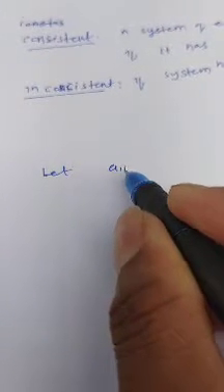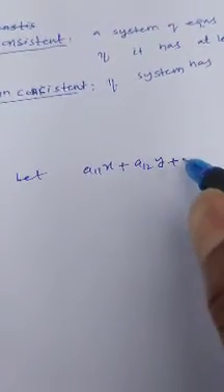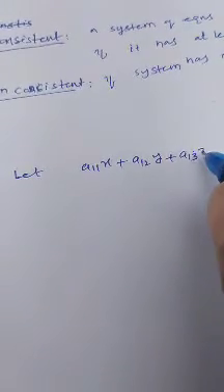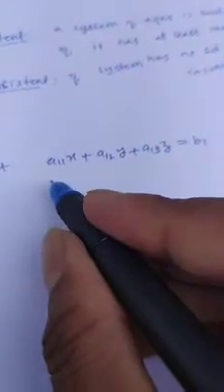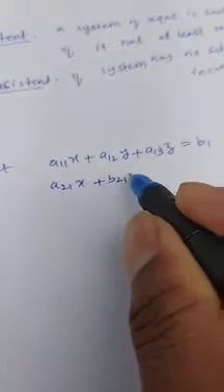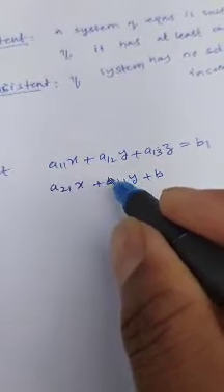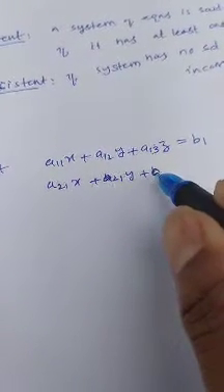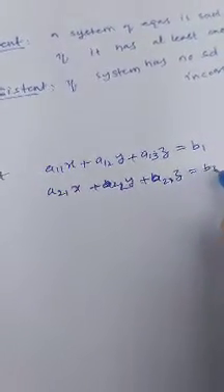Suppose I am taking three equations in a system. Let a11x plus a12y plus a13z is equal to b1. Okay, a21x plus a22y plus a23z is equal to b2.